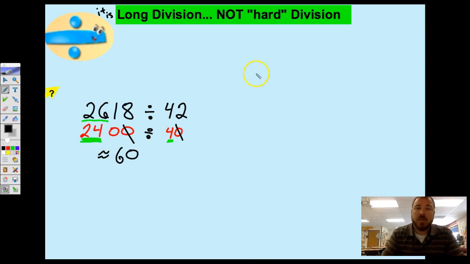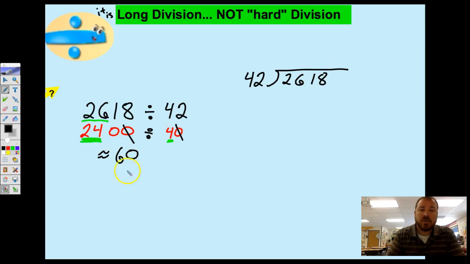So when we go to set up our problem of 42 going into 2,618, we already know what our first digit should be, a 6, and where it should go in the tens place value. So I can go ahead and say 42 does not go into 2, and 42 does not go into 26. Because we've estimated before we began, we know our first digit should be a 6.